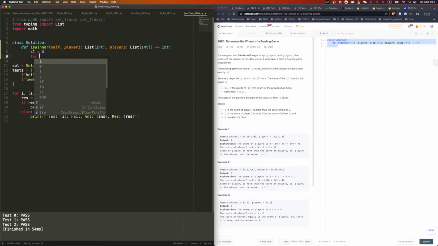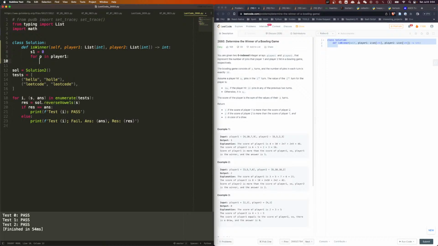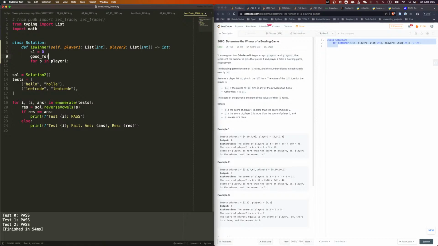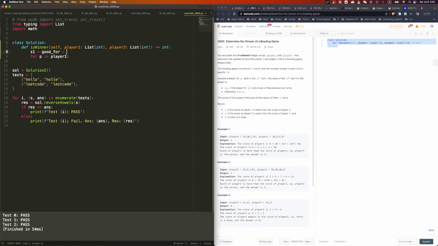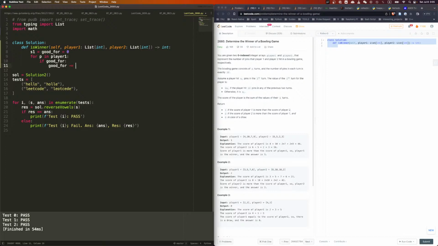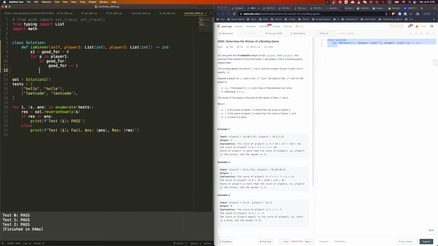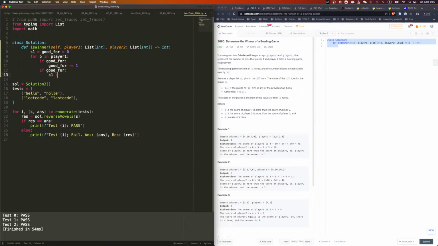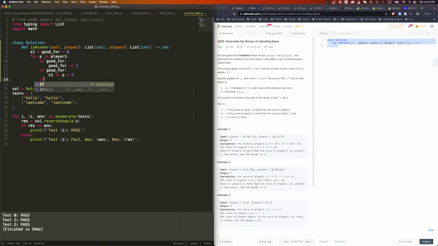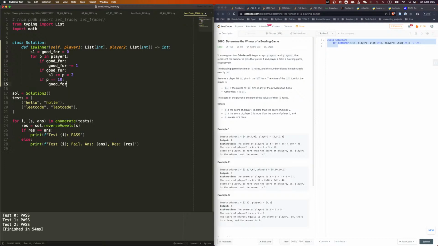Okay, for p in player 1, good for. If good for, minus equal 1. All right. And then we say if good for, s1 plus equal to p times 2. And if p is equal to 10, good for equals 2.